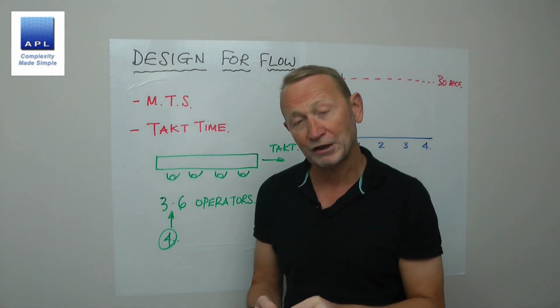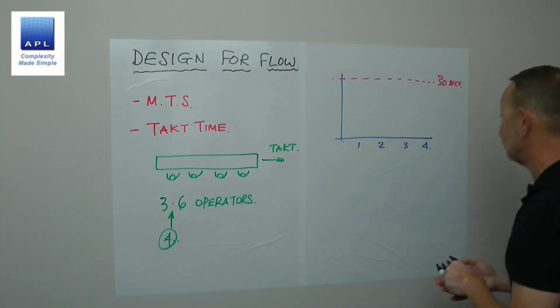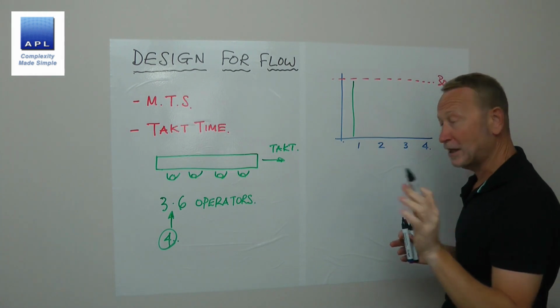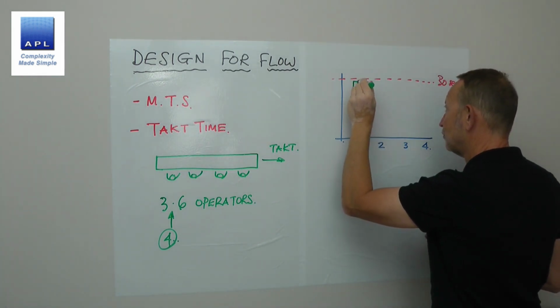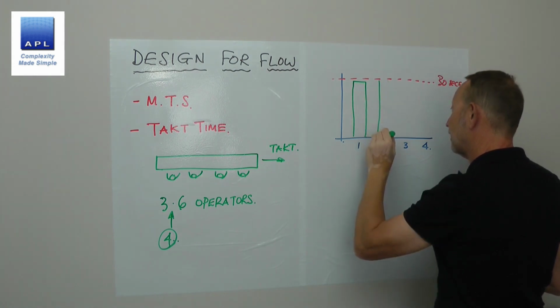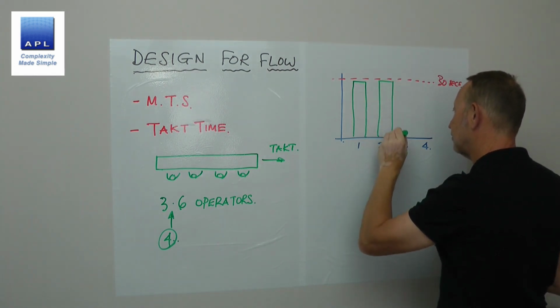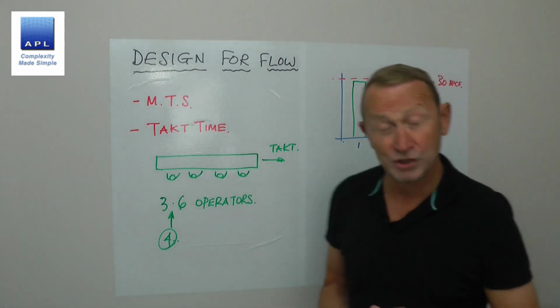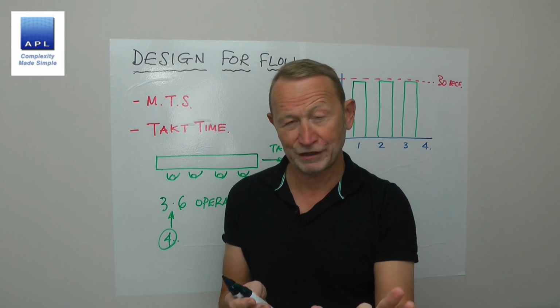The way you do the line balance is like this. And by the way, it doesn't have to be the last operator. I'm going to put it into the last operator, but it doesn't have to be quite like that. You want to get 3 of the operators to be balanced up to 30 seconds. So this line is going at 1 every 30 seconds.